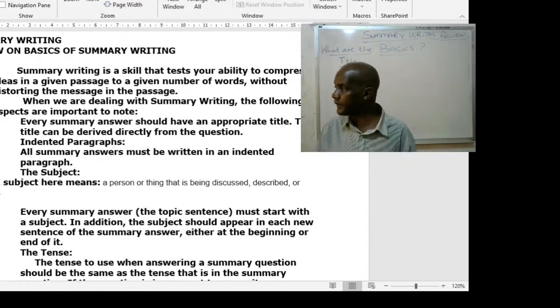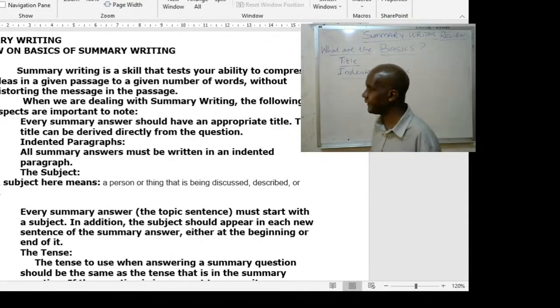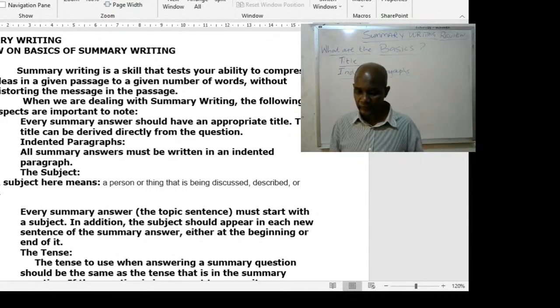The second important aspect is the question of indented paragraphs. You will remember that we say that an indented paragraph is that which starts a few inches from the margin.